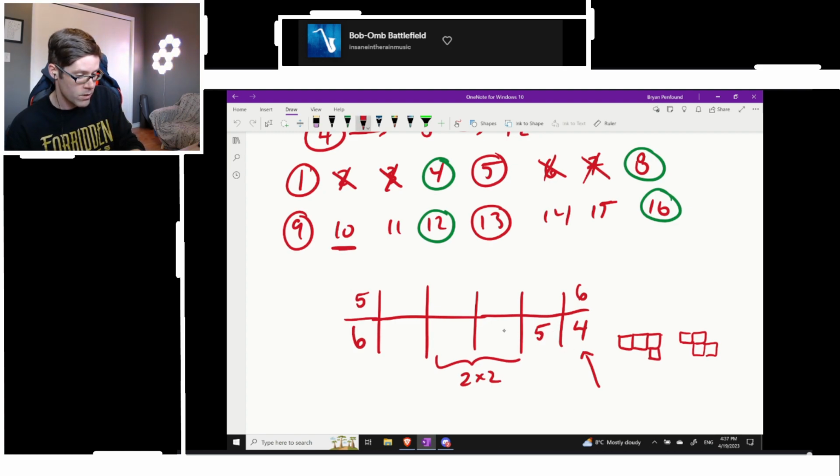Next option is 1, 2, 3. We could have 4 here and here. But because we have this igloo shape, we can't populate that with 1s, 2s, and 3s. So that's no bueno. If I put the 4 here and go 1, 2, 3, 4, that doesn't force the 3 to be over here.